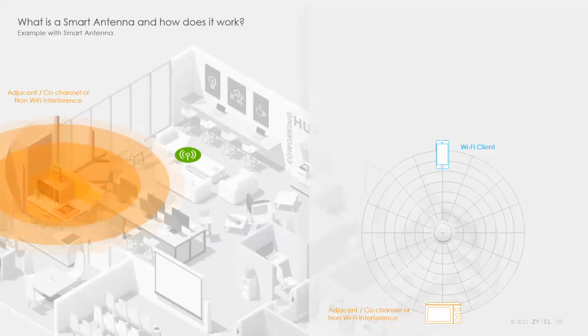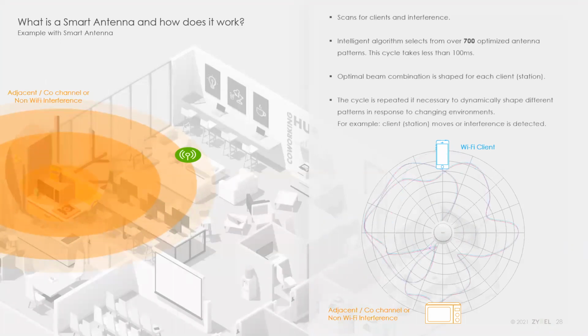So I'm going to skip through a little bit of this here, but the main thing with the smart antenna is that instead of having one fixed antenna pattern, or like dual optimized having two antenna patterns, with smart antenna you've got hundreds of antenna patterns. And the AP is basically able, in real time, to choose an antenna pattern based on where the client device is in relationship to that access point.